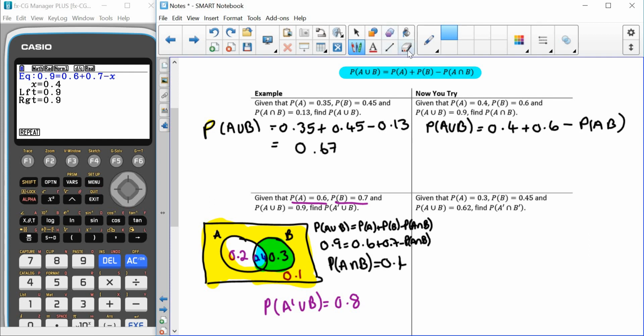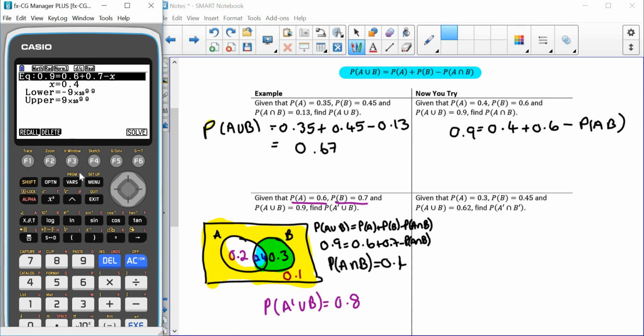We actually already know the probability of A or B; that's going to be 0.9. And again, we can put that into solver. You could just rearrange it if you wanted to. Put 0.9, shift and then the decimal point for our equal sign, 0.4 plus 0.6 minus, and remember that you use the x theta t button to find the probability of A and B.